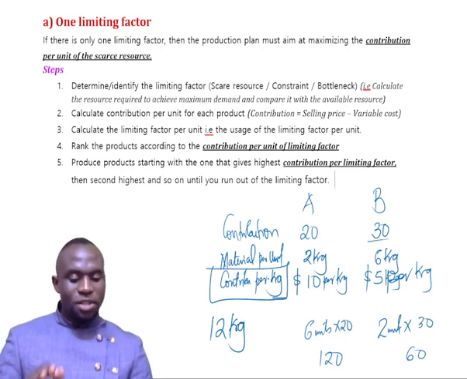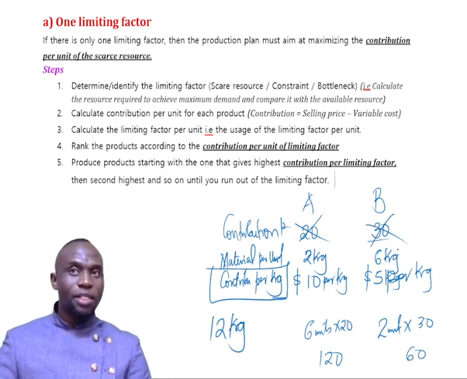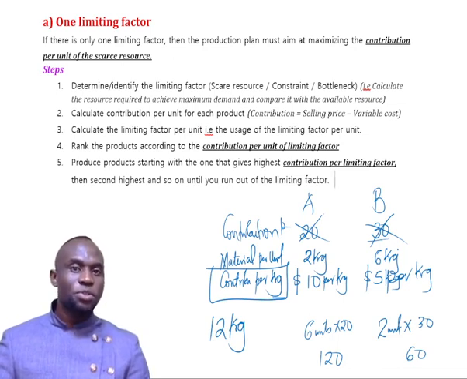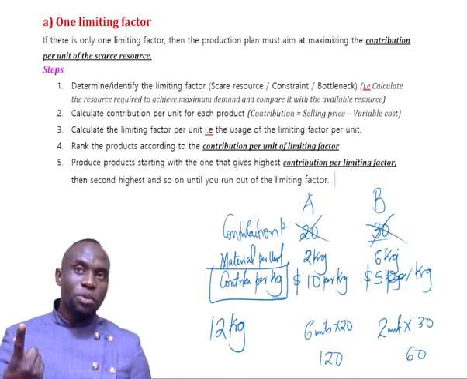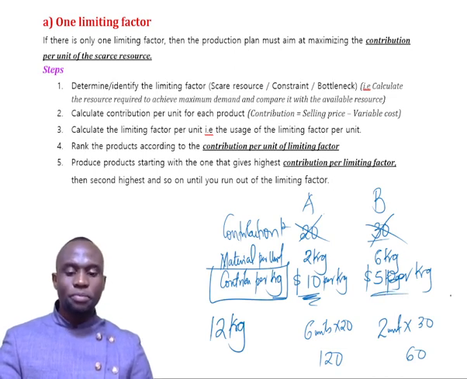It is not just the contribution per unit; we don't consider the 20 and the 30. So we calculate contribution per usage of the limiting factor.